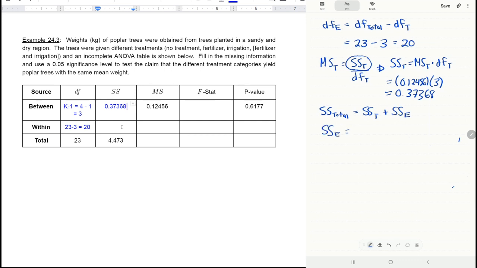So if we rearrange and solve for the error sum of squares, we take the total sum of squares minus the treatment sum of squares. So we have 4.473 minus 0.37368, which gives us 4.09932.